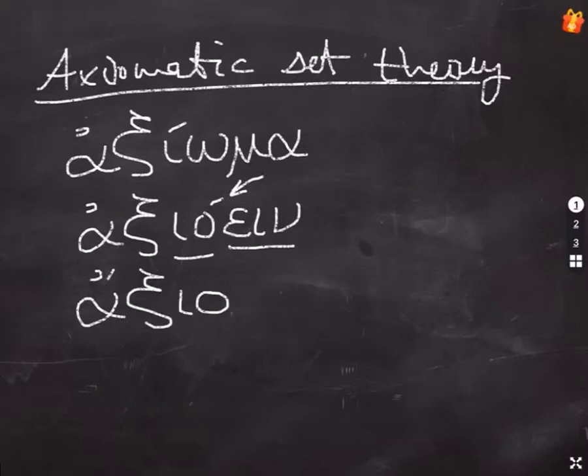Axios means valuable, something which deserves your attention, something that is worthy, something which is precious, right? So to ancient Greek philosophers, an axiom was something which seemed to be true without requiring any kind of proof.